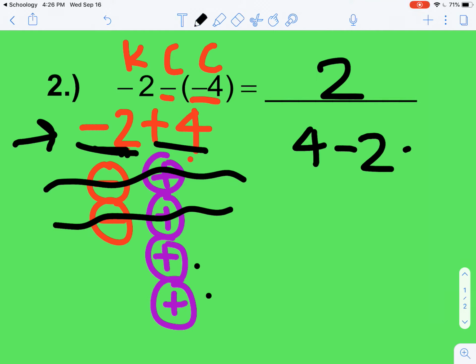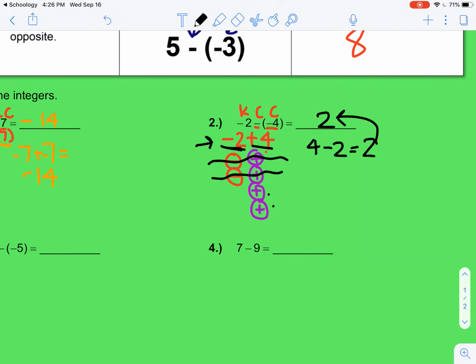What is 4 minus 2? Right, it's just 2, which is exactly what we got there. Okay? Trying to give you little hints as we go so that this gets a little easier and you start to visualize, because when I was in pre-algebra, I really struggled with this, and I want to give you as many tips and tricks as I can so that you don't struggle like I did.